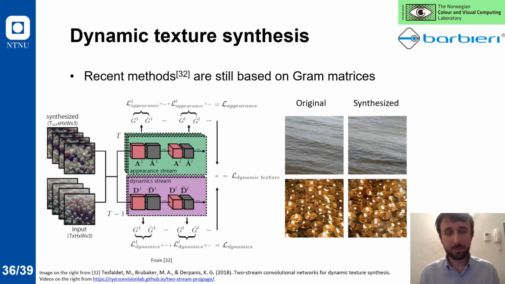One is the VGG network pre-trained for object recognition, and the other one, focused on the dynamic stream, is pre-trained for optical flow prediction. From these, the network extracts the gram matrices and then mixes them to obtain a general dynamics loss.